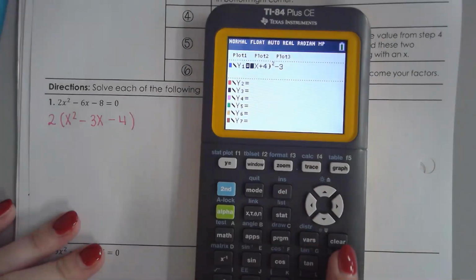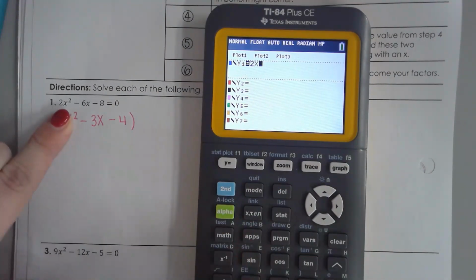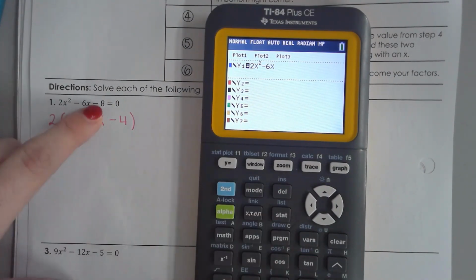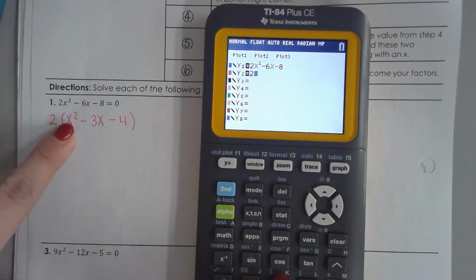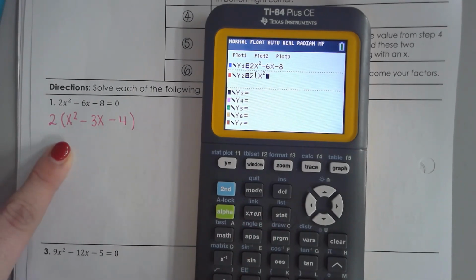If I look here, 2x squared minus 6x minus 8, and x squared minus 3x minus 4.